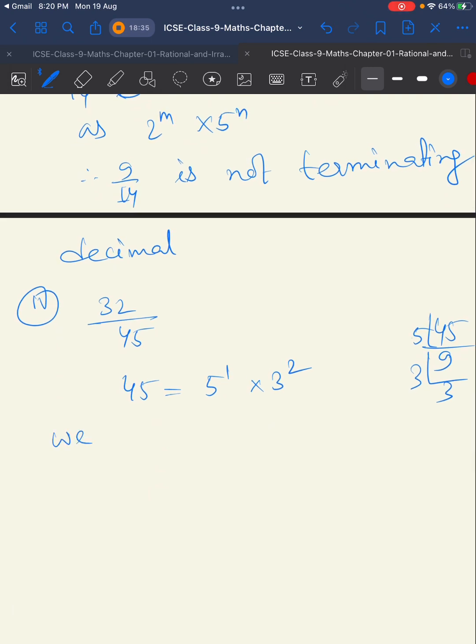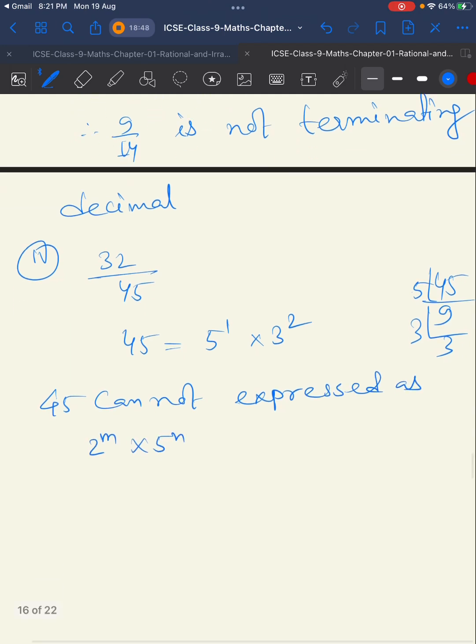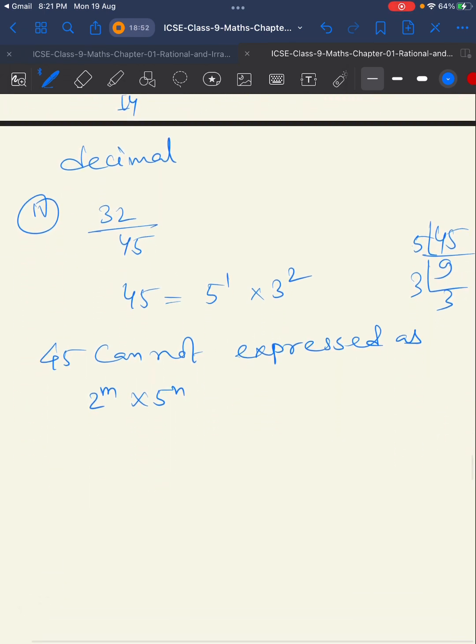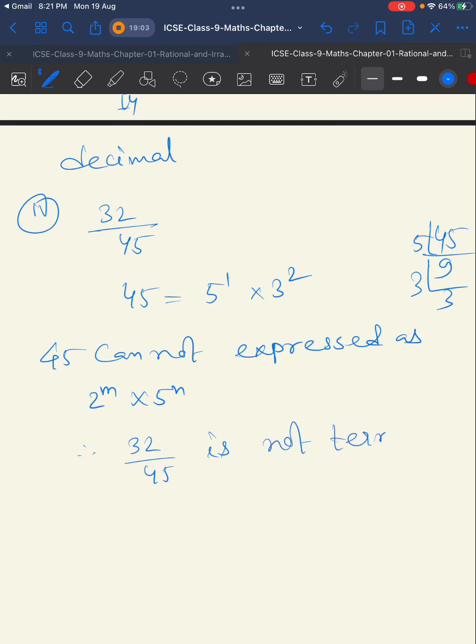So we can't express 45 as 2 to the power m into 5 to the power n. Here we see 3 squared, so hence 32 by 45 is not a terminating decimal.